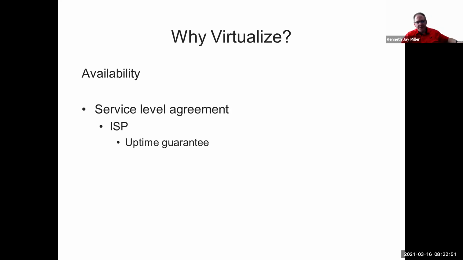And these SLAs basically say, say we're using Spectrum Business for our internet connectivity, it will tell us what their uptime guarantee is. So they may say, we guarantee our availability of 99.999%, right?